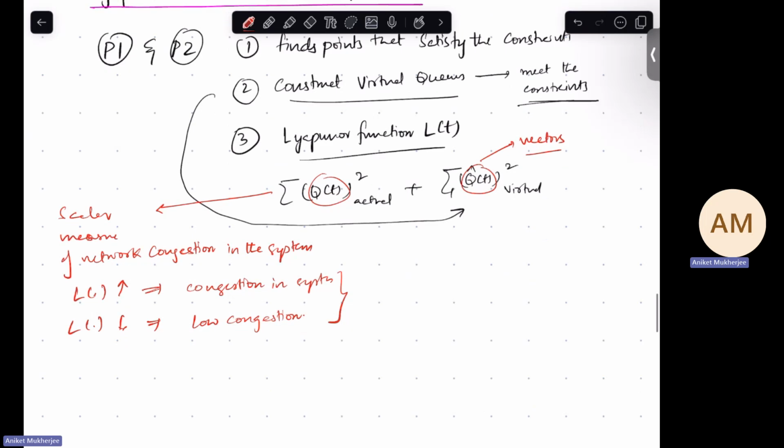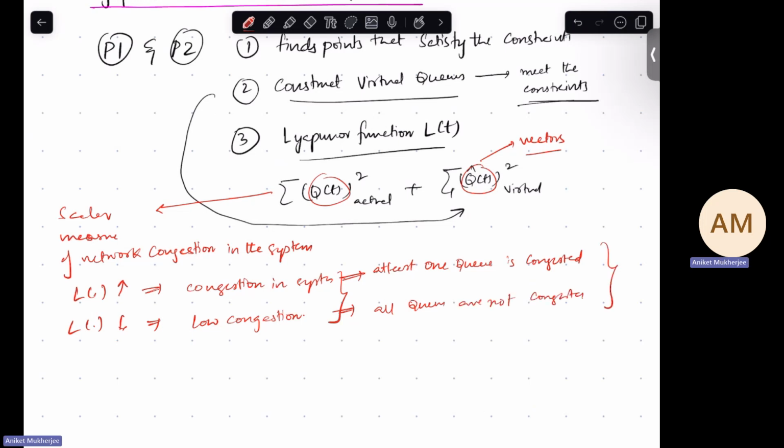This is the third step. If L is high, this implies that at least one queue is congested. If L is low, it implies that all queues are not congested.